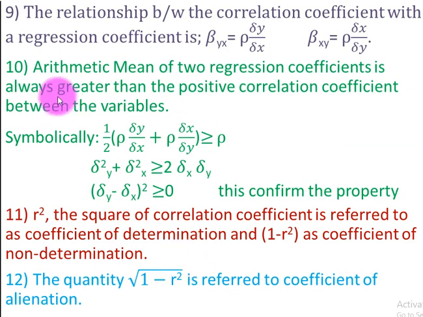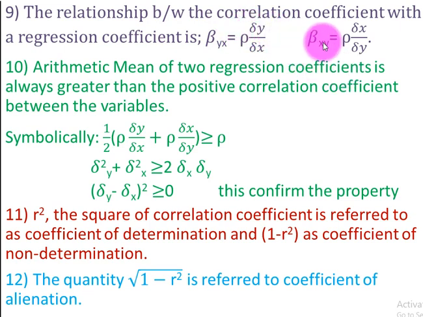The 9th property of the coefficient of correlation is the relationship between the correlation coefficient and the regression coefficient: beta yx is equal to rho sigma y by sigma x, and beta xy is equal to rho sigma x by sigma y. If you find the correlation coefficient of y and x, then in the numerator you should take the standard deviation of y.